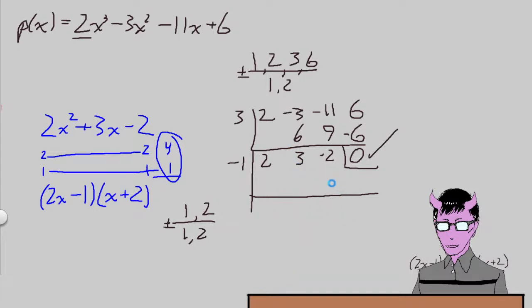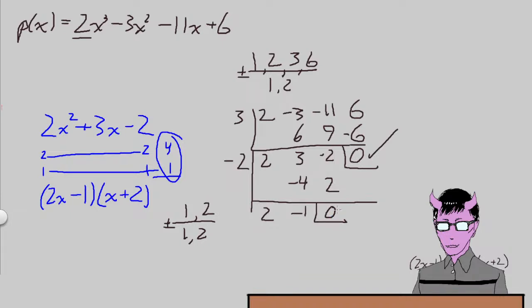And now if we got lucky and we selected -2, what would have happened? Drop that down, multiply, sum, multiply, sum. There it is, the 0 that we desire.